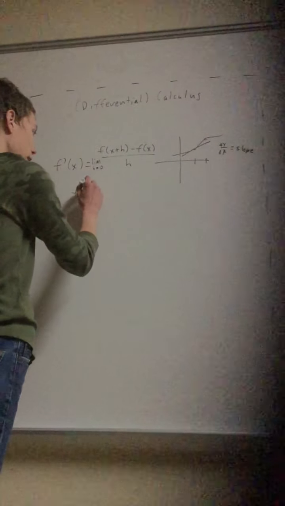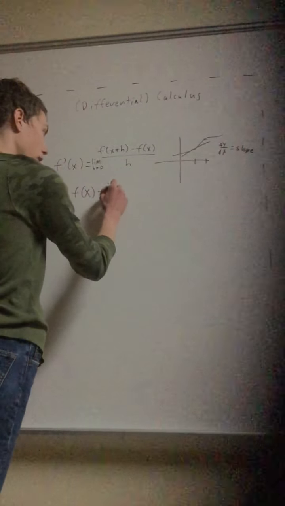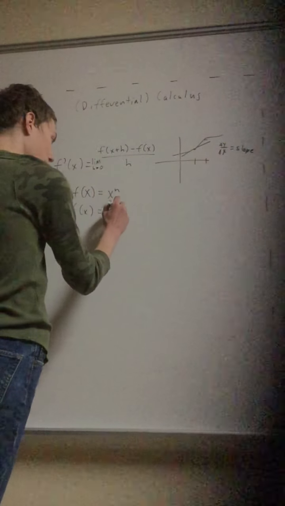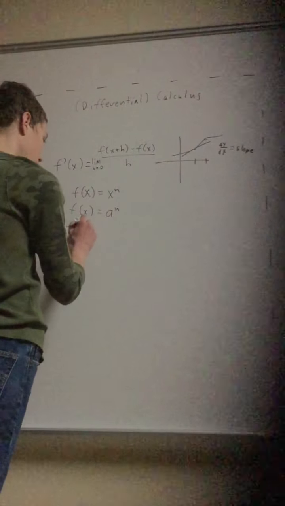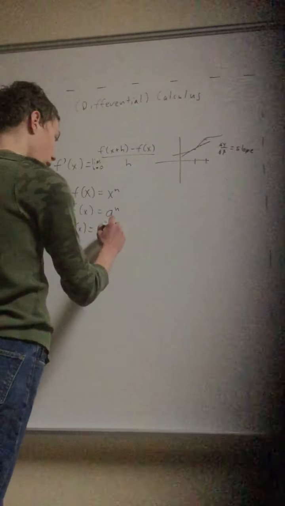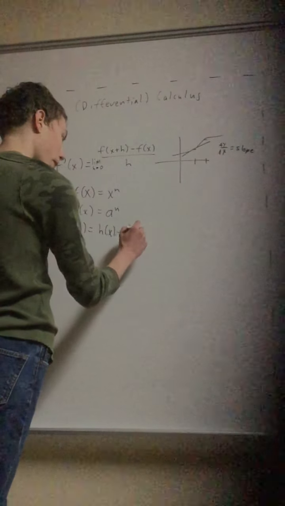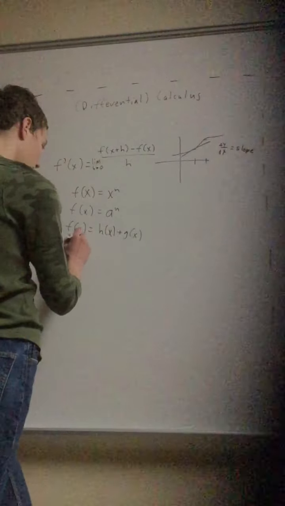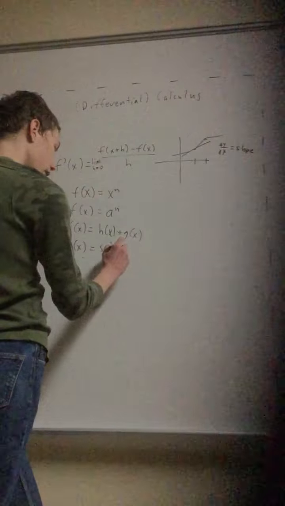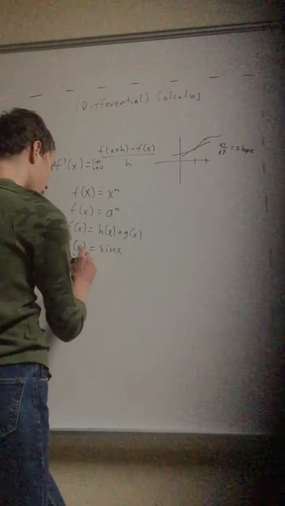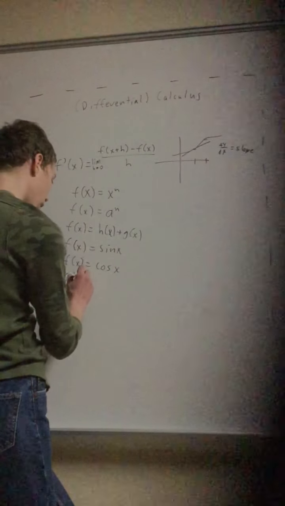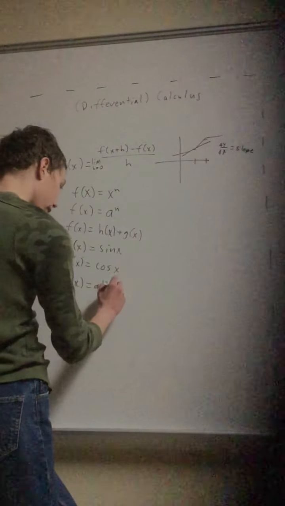For this video, we're going to need the derivatives of powers, the derivatives of exponentials, the derivatives of sums, the derivatives of sine and cosine, and the derivative of a plain number multiplying another function.